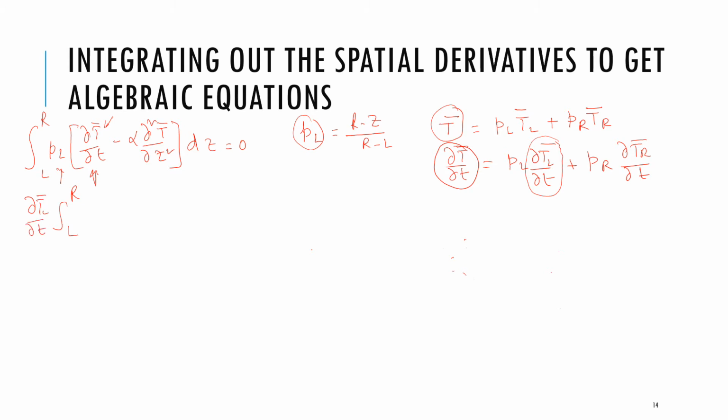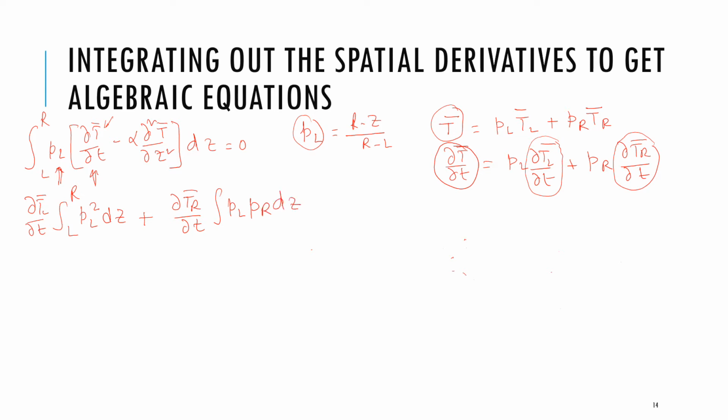Okay, and we get PL from here, and then another PL from here, so it's PL square dz. That's the first term, and then the second term would be plus del TR del T and integral PL PR dz.